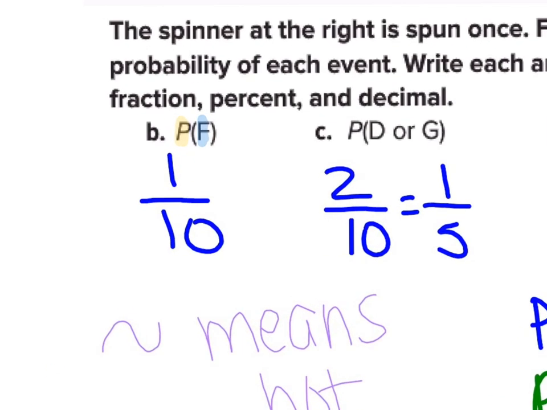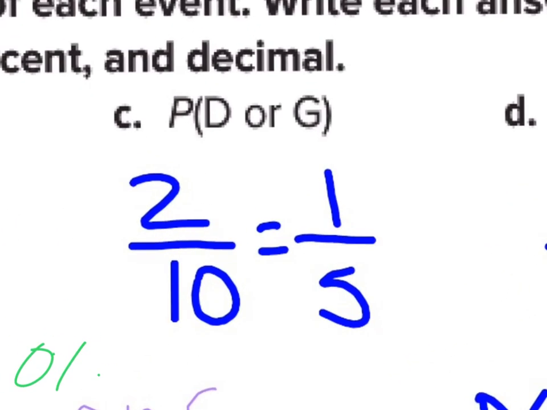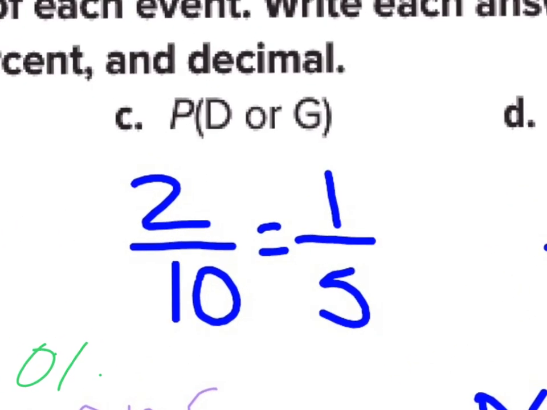The decimal would be 0.1, and the percent would be 10%. There we go. Now, when someone is saying "or" with their probability, it means both.